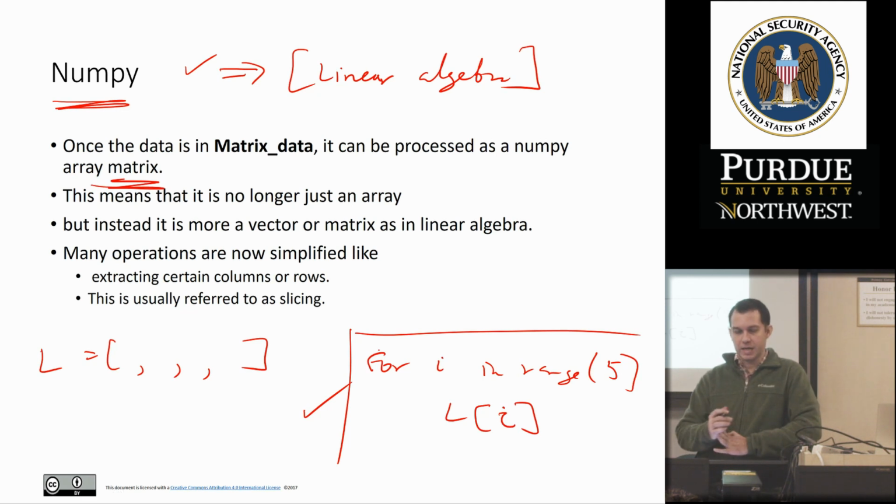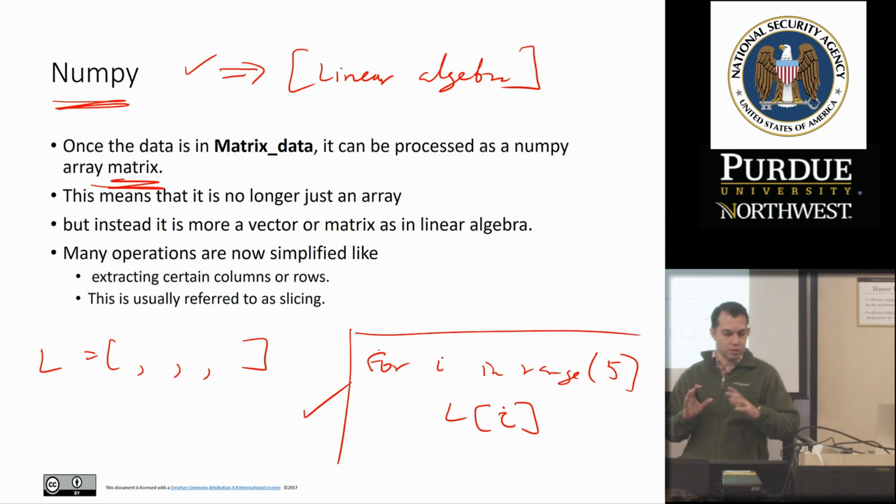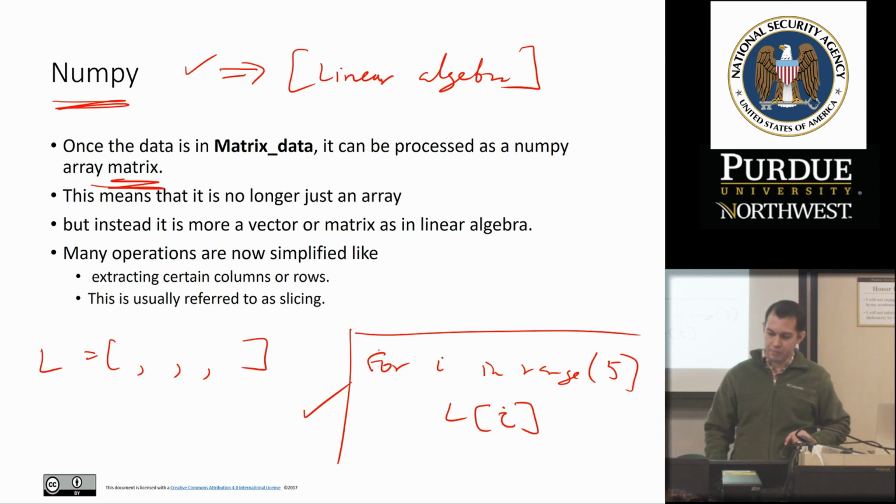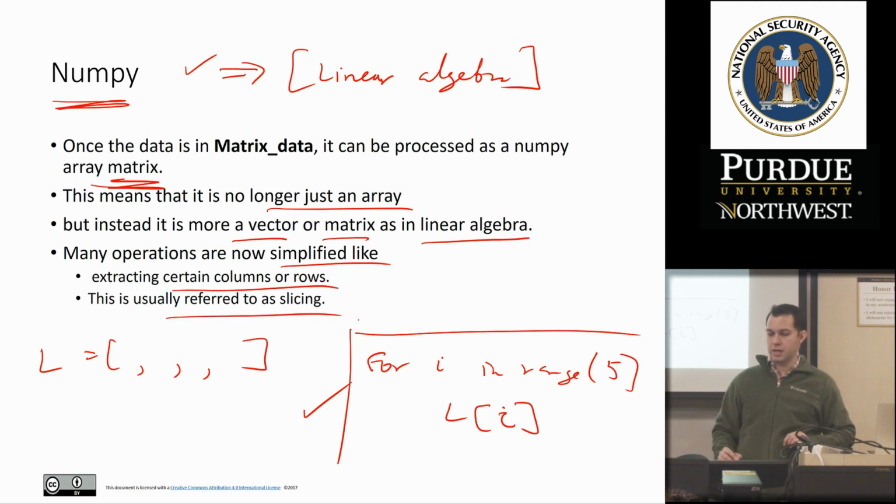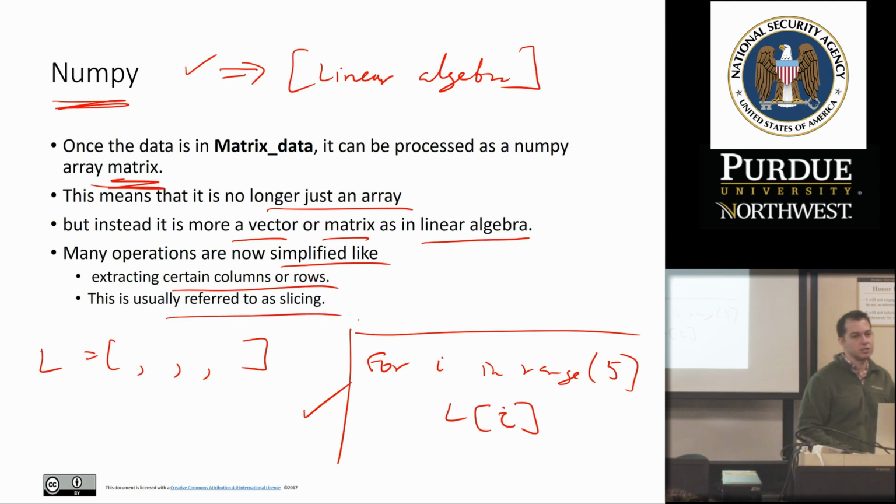Anyone that has used MATLAB, for instance, knows that MATLAB is a matrix-oriented environment. So this is no longer just an array, but instead it is more of a vector or a matrix as in linear algebra. So many operations are now simplified, like extracting certain columns or rows, which is usually referred to as slicing, but also doing operations can be more efficient.